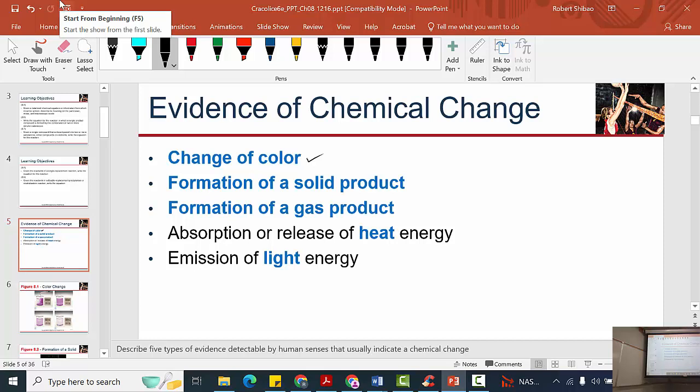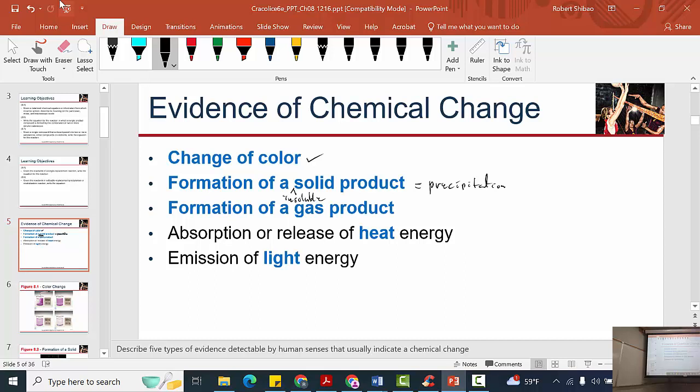Formation of a solid product. This is called precipitation. And precipitation results from favorable ion combinations. So we should say formation of an insoluble solid product.